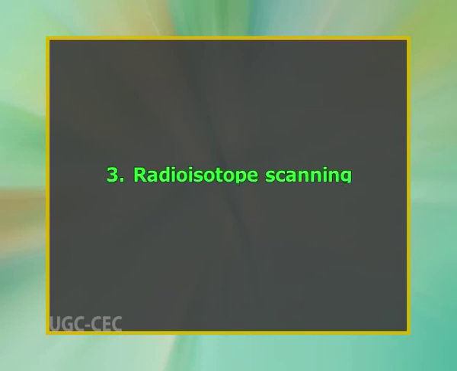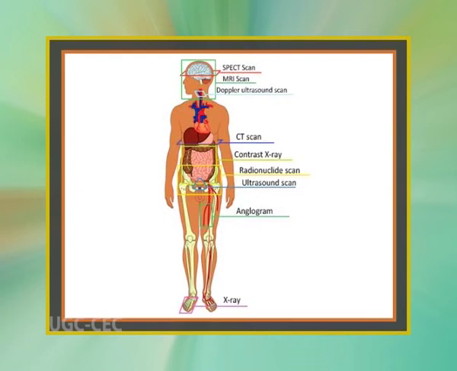Number 3, radioisotope scanning techniques. Every drug, once it gains access to the body, tends to follow a pattern of distribution. This localization is a necessary measurement preliminary to any further study. With radioisotope tagging, the distribution of a material inside the body may be determined from outside the body by a method called scanning.